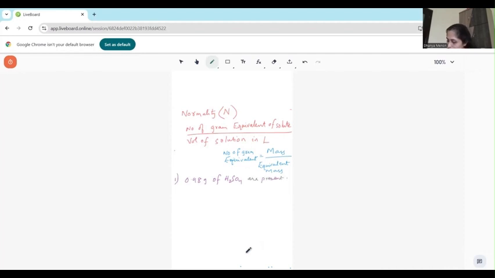Calculate capital N, that is normality. Now, the formula is already there: number of gram equivalents by volume. Number of gram equivalents, how to calculate? Mass over equivalent mass. Equivalent mass, how to calculate? So we have to start from down. So equivalent mass.